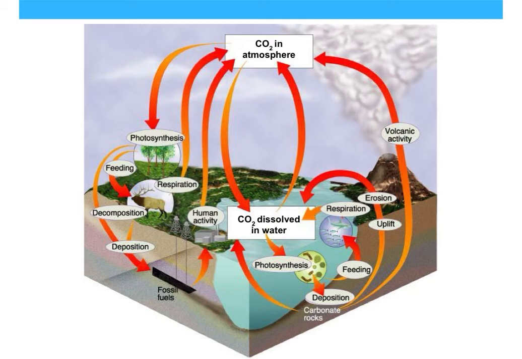You have fossil fuels from human activity, burning fossil fuels that releases CO2 in the atmosphere. Volcanoes can erupt and produce CO2 in the atmosphere as well. And then you have CO2 that is dissolved in the water. All of these are examples of how CO2 in the atmosphere is cycled through. You are responsible for knowing the main thing, which is photosynthesis and cellular respiration, that big cycle that cycles carbon dioxide.